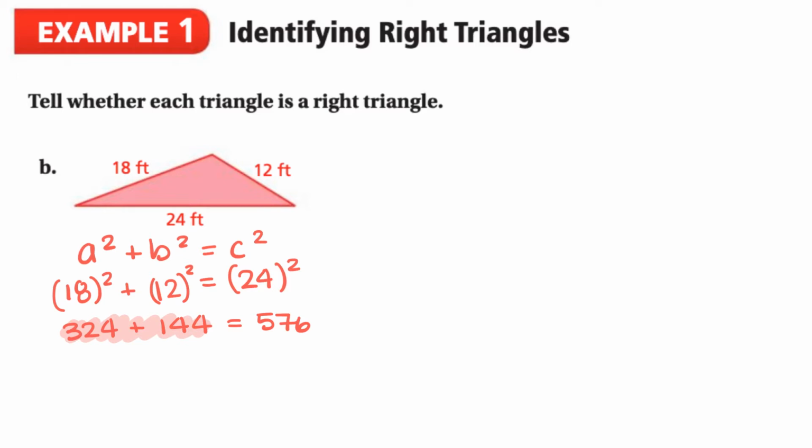So 324 plus 144 gives us 468, and then I get my equation that says 468 is equal to 576. Now, we know that this is not true, so we'll put our little sad face. This is a false statement, so therefore, it's not right-angled.